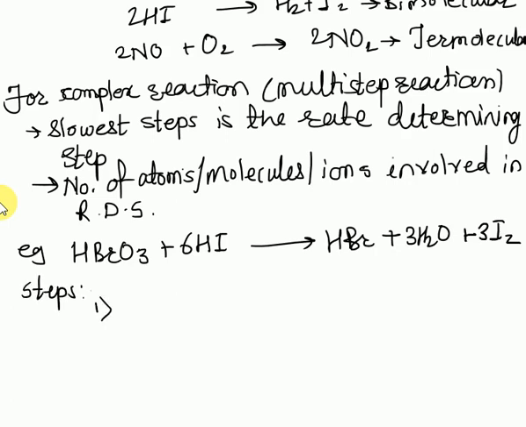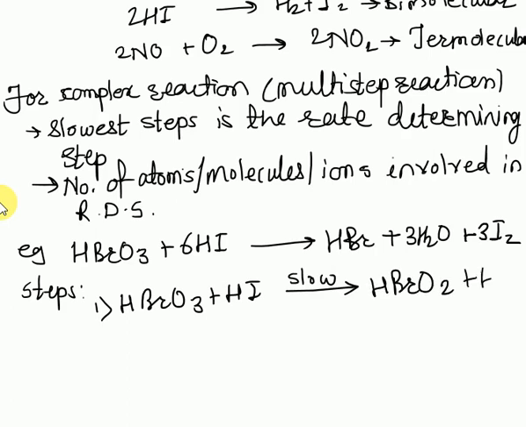First step, HbRO3 plus 1 mole of hydroiodic acid, and this step is a slow step. It gives HbRO2 plus HIO. This is a slow step.